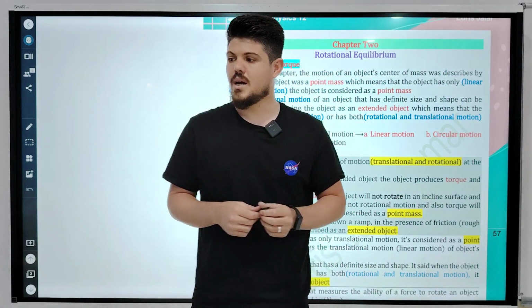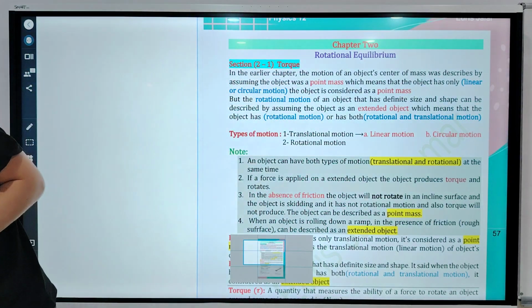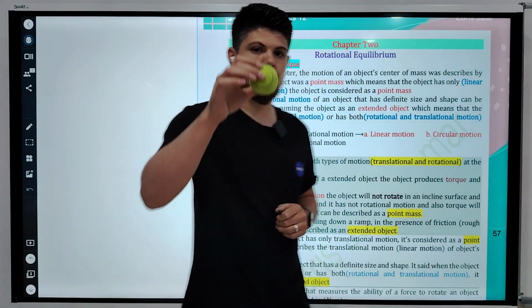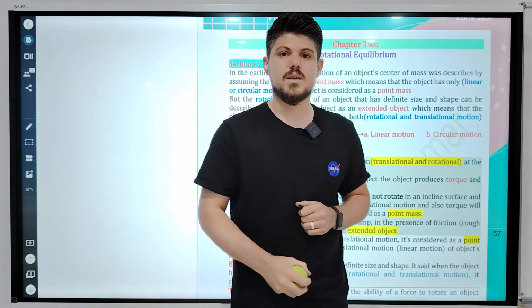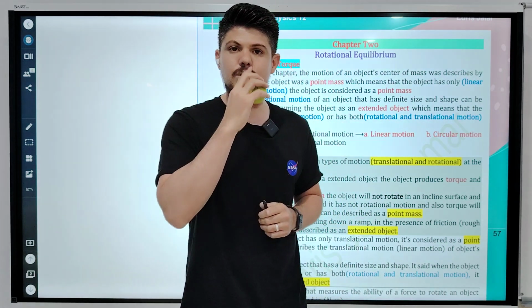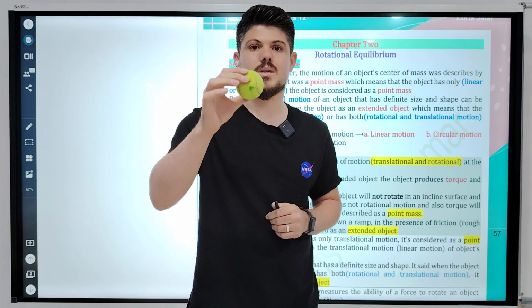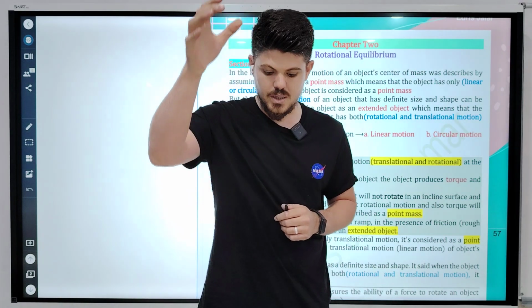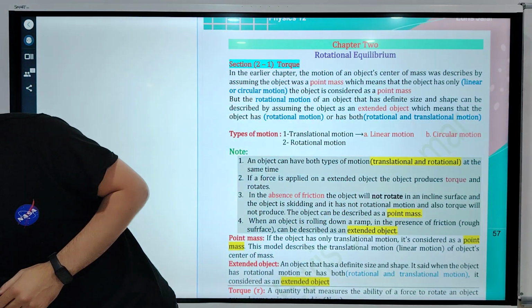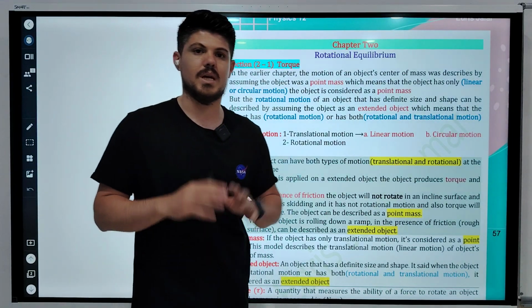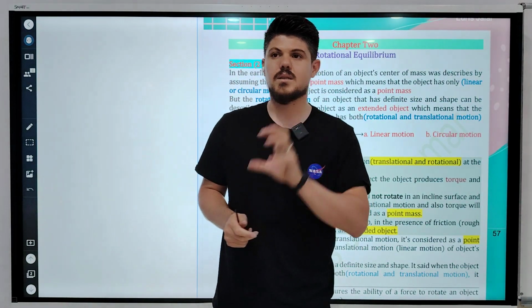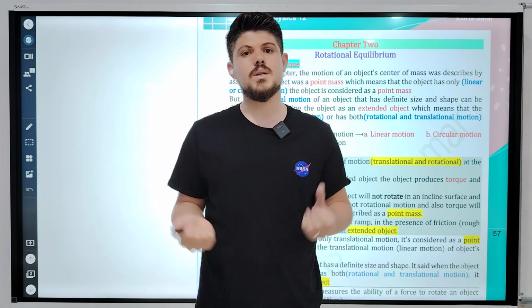For example, when you drop a ball, in that case, the ball has only translational motion. Why? Because the ball doesn't rotate. Dropping the ball means that the object is moving downward because of gravity without rotating. In that case, the object is a point mass.